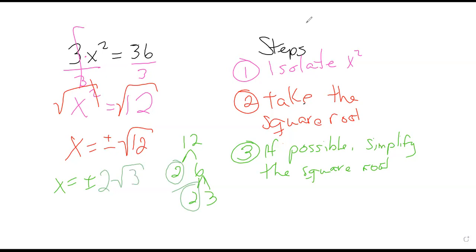My 2s came out of the radical because I had a pair, but my 3 didn't have any partner, so my 3 had to stay inside the radical, okay? So the 2 gets to come out and that 3 has to stay behind. Any questions on that one?